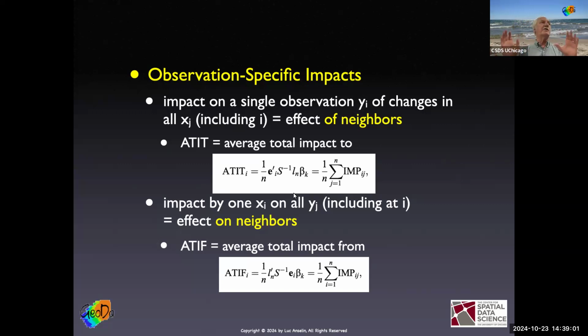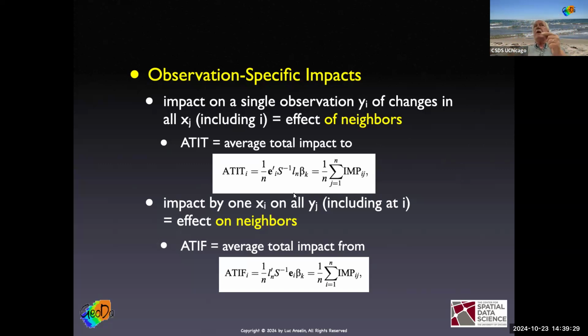So for any observation, once you have this matrix, you can look at the row elements, take out the diagonal, and add up the row elements. That gives the effect of all the neighbors on you. If you do this with the column elements, that gives the effect that a change in you has on all the neighbors.